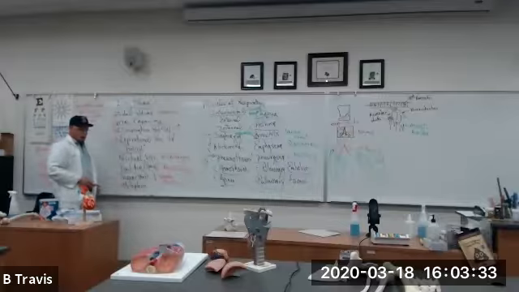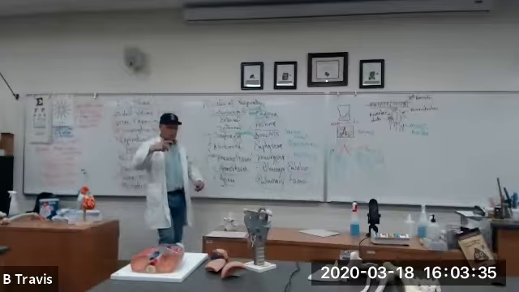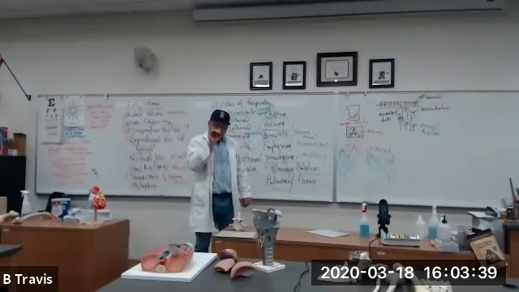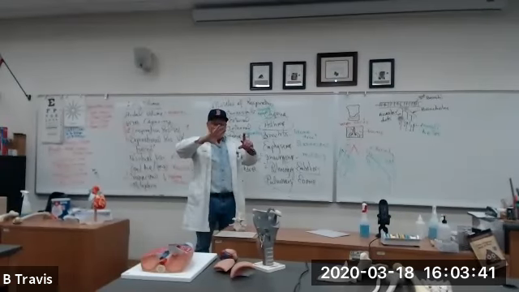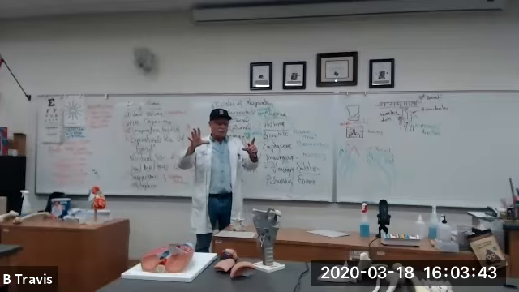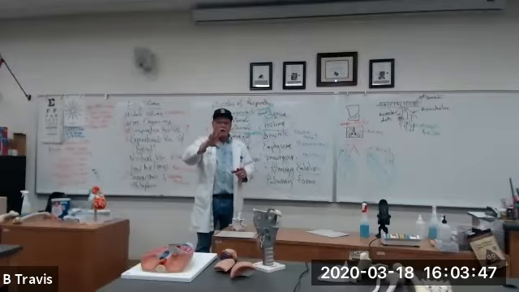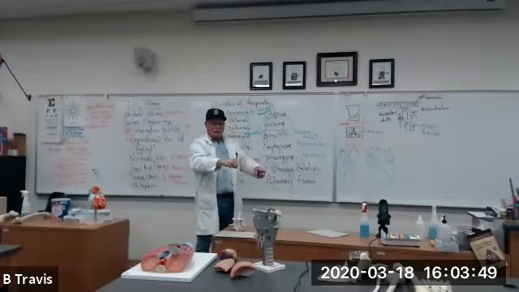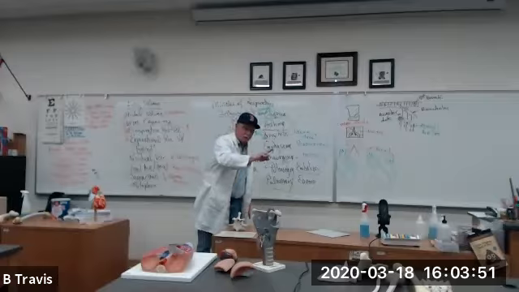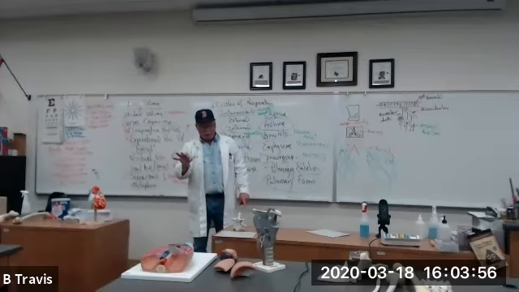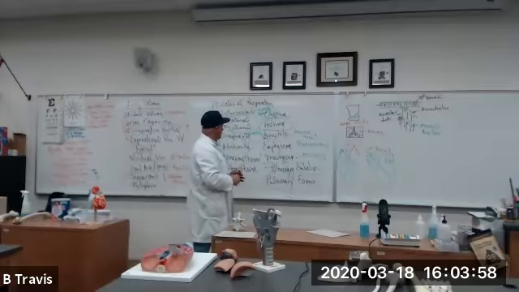Meta means to change. This is seen in smokers. When they smoke, that heat destroys those nice goblet cells that are producing mucus. The nice columnar cells that have cilia on them that are clearing the air are burnt and become squamous skin cells. The process of going from one tissue type to another is called metaplasia. That'll be on your exam.